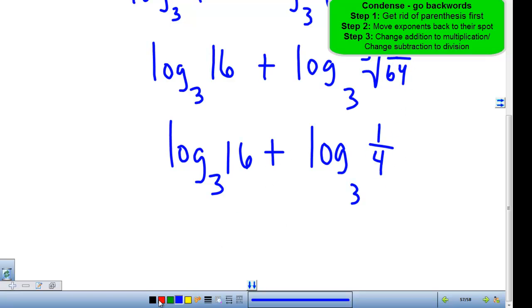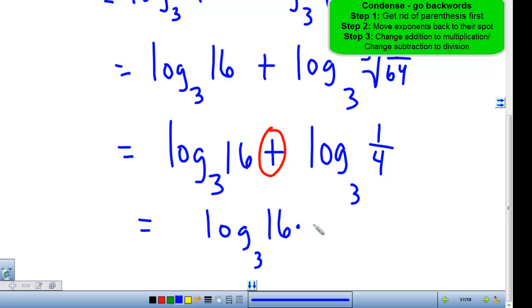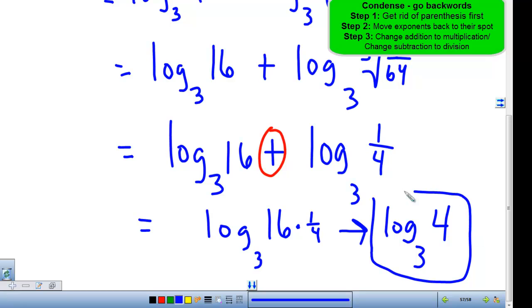So now I have the plus sign I need to take care of. And this is going to leave log base 3 of 16 times 1/4, which gives me log base 3 of 4. Wow, that was something else. And that is the end of our Unit 17 Foldable.